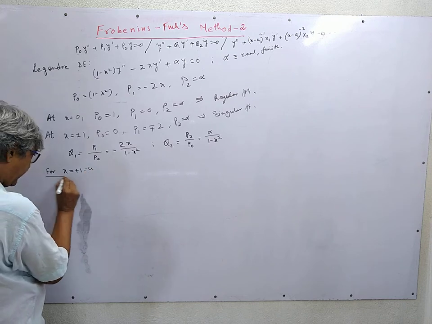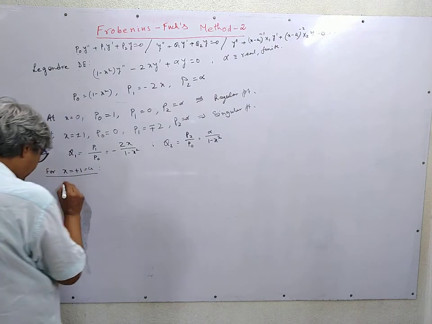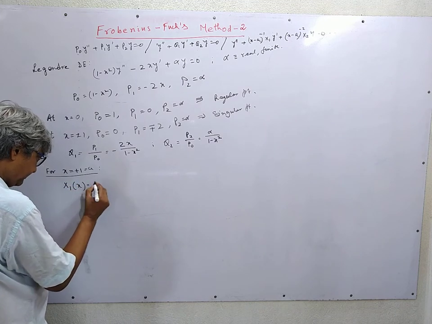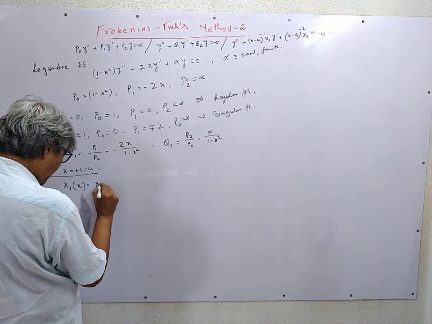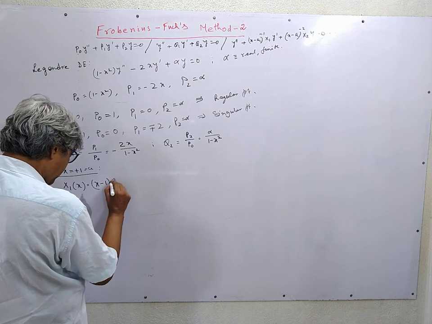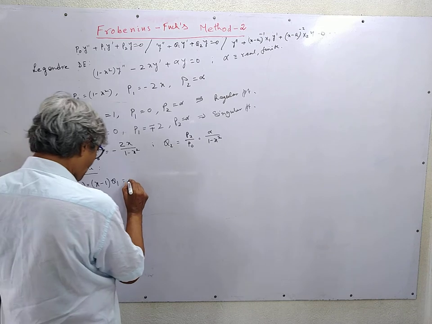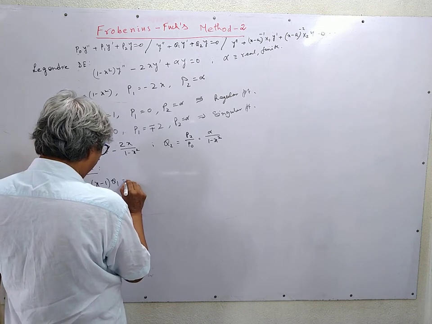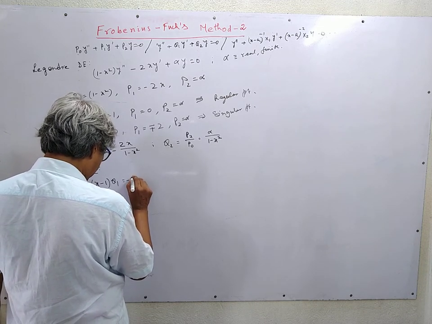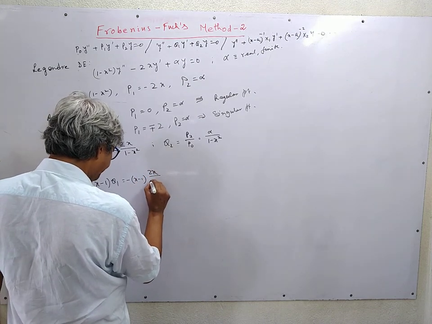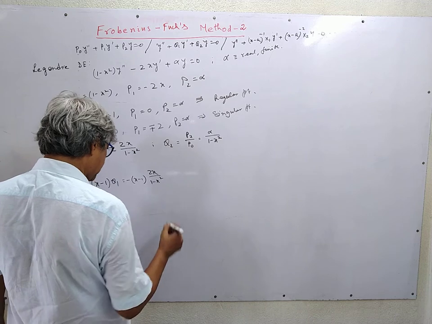So we define the X1 function, which is x minus 1 times Q1. So all together, minus x minus 1 times 2x over 1 minus x squared.